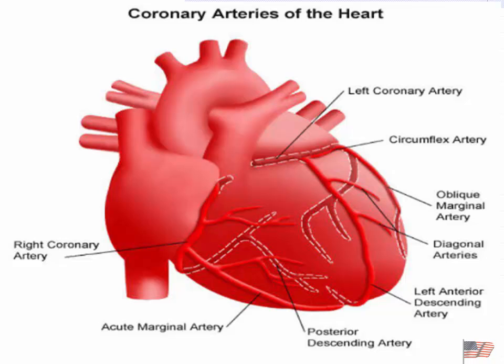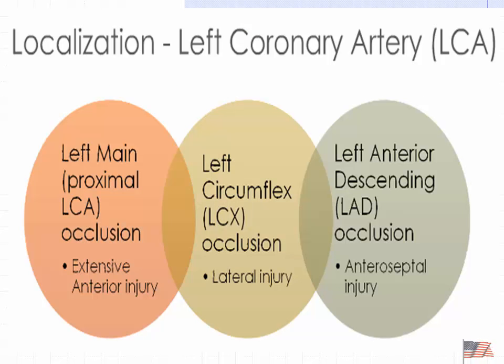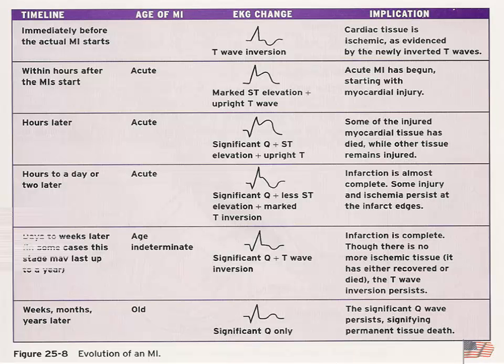Again, there's just another view of the right coronary artery, the left anterior descending, and the left circumflex, which wraps around the back. This is just going through what we talked about: anterior, lateral, and to some extent the interoseptal. Just another picture showing the different changes that occur.